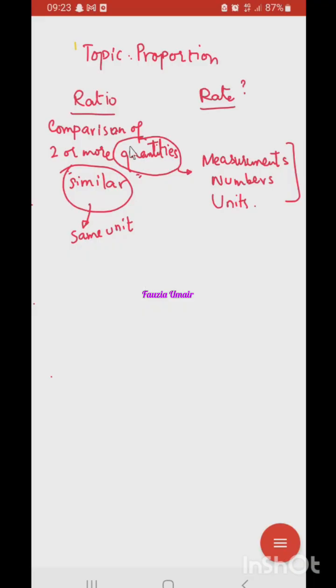Keeping in mind the definition of ratio, that ratio is the comparison of two or more quantities, the definition of proportion comes from ratio. Proportion is the comparison of two or more ratios.